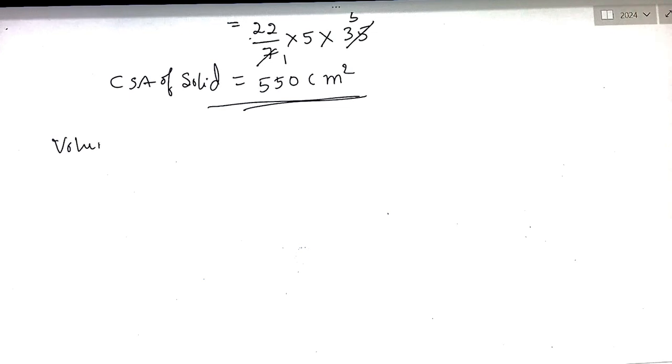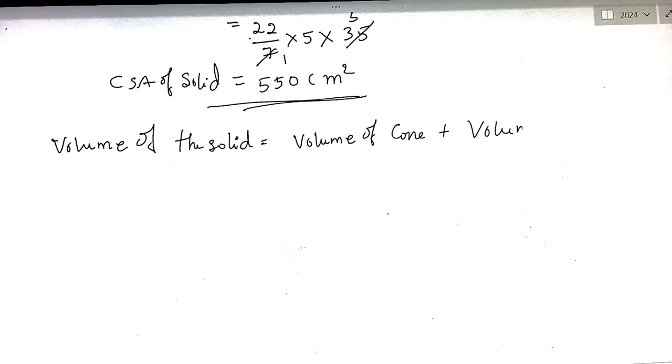So let's go. Volume of the solid is nothing but volume of cone plus volume of cylinder. Okay, so what is the formula to find the volume of the cone?